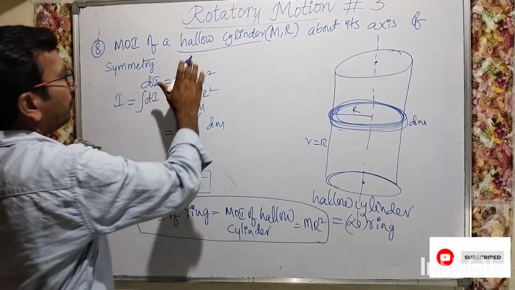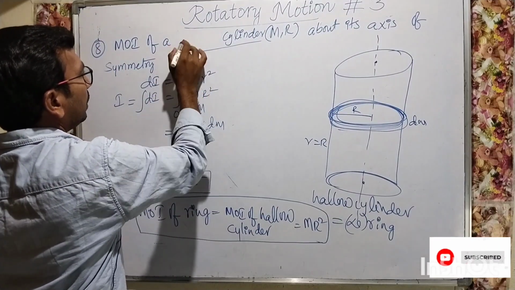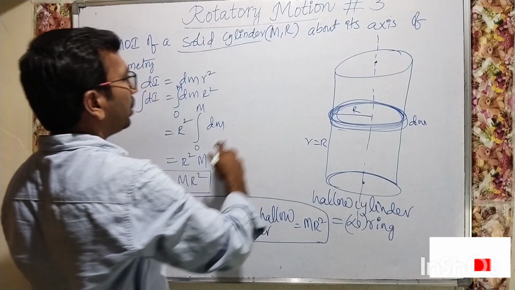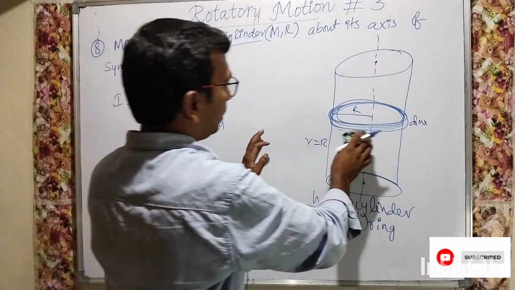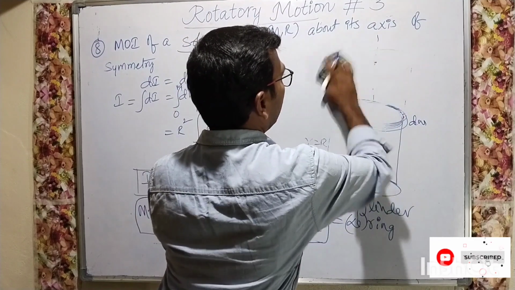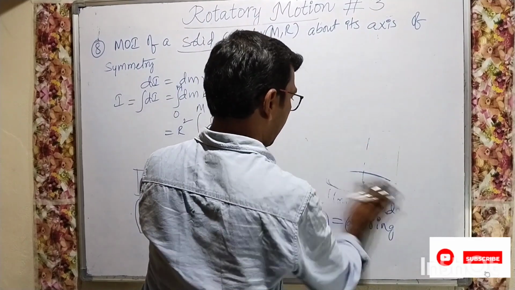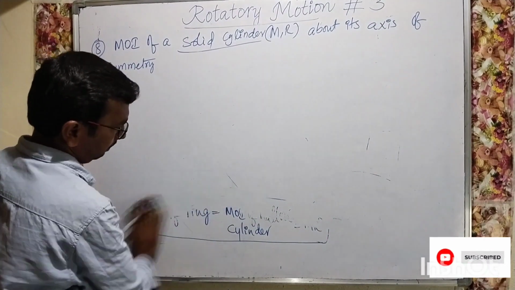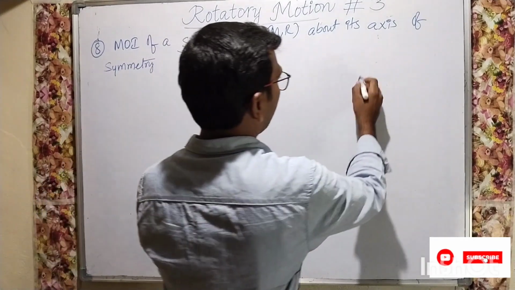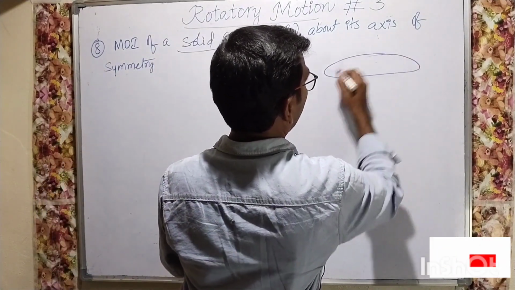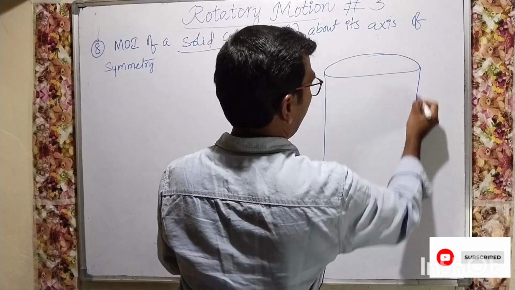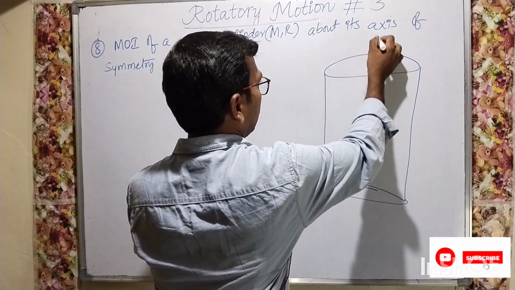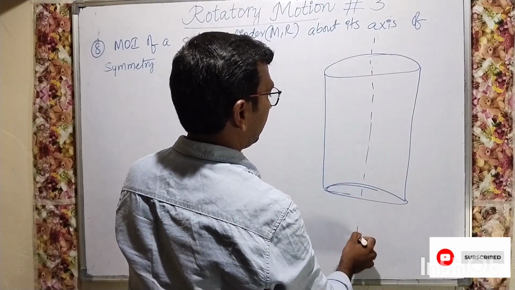Moment of inertia of a solid cylinder of mass M and radius R about an axis of symmetry. I will consider this small solid cylinder, and this is the axis of rotation.